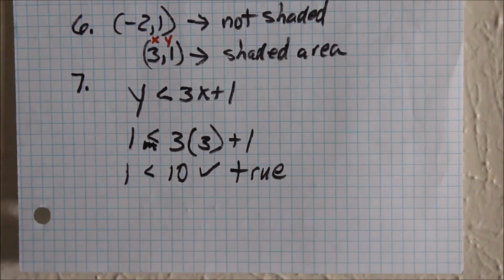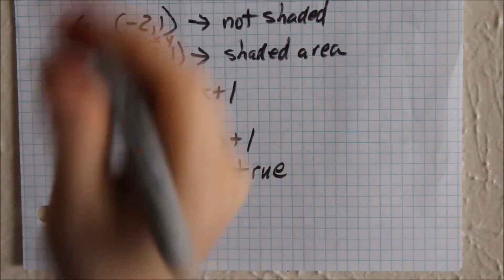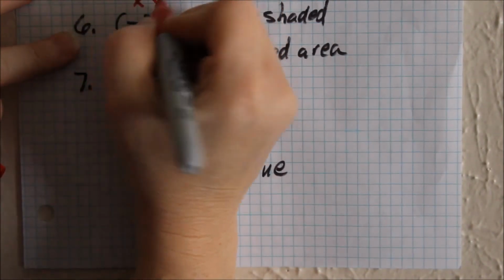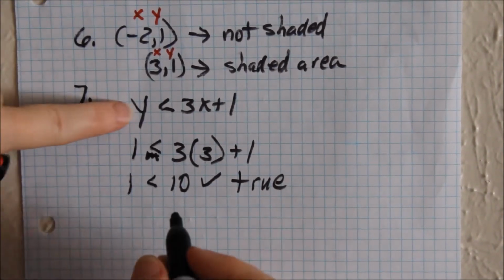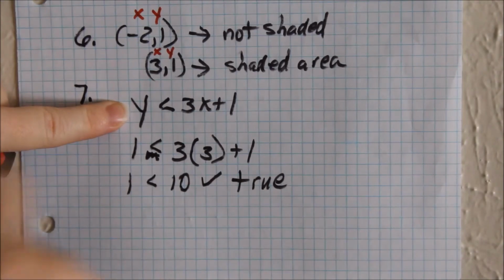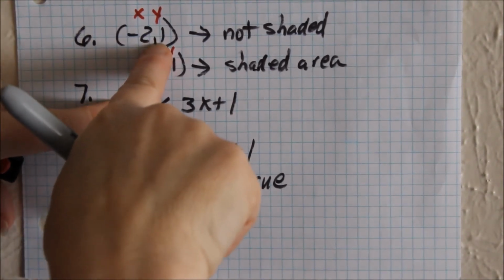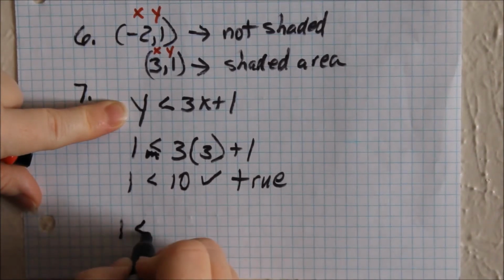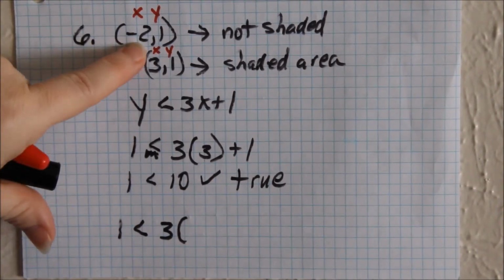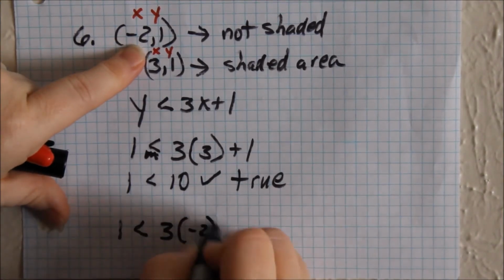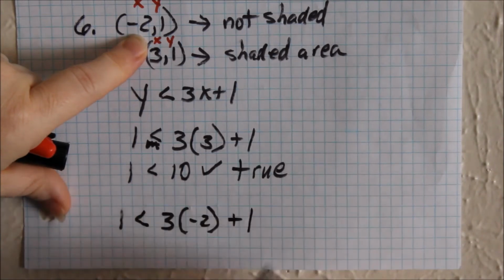Now let's look at your point in the not shaded area, which was -2, 1. Any point that's not in the shaded area will make the equation false. So if I go back into my equation and plug in my x and y value, my y value in my point that's not shaded area is 1. So 1 is less than 3 times my x value, which is -2, plus 1.